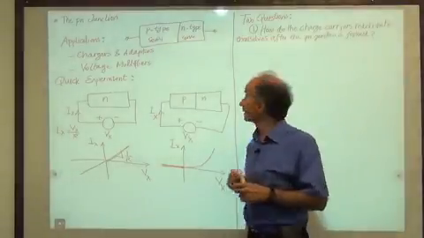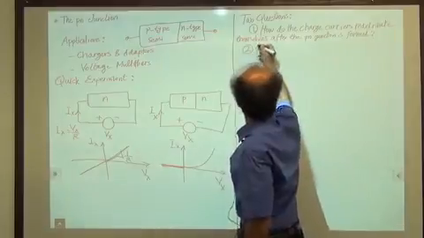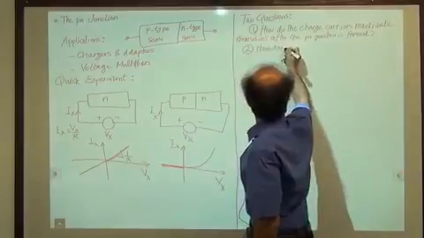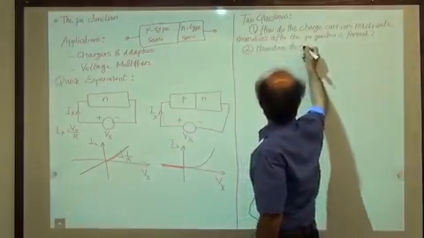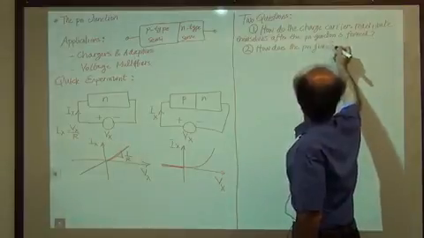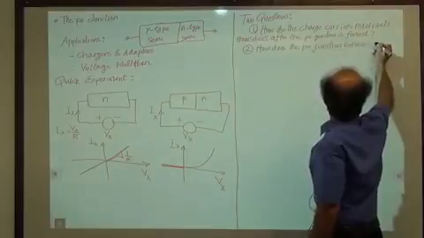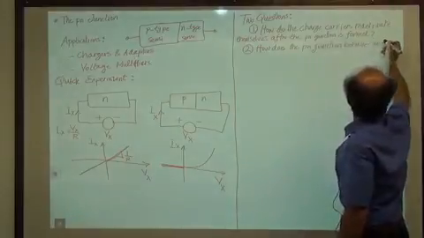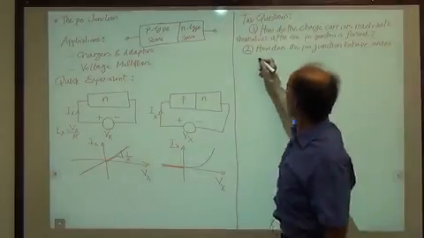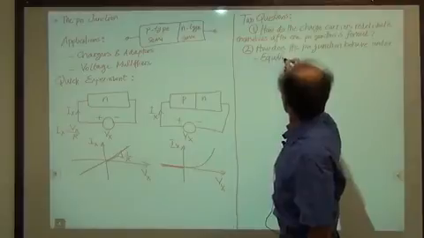The second question is, after we understand that, how does the p-n junction behave under three conditions? Condition number one is what we call equilibrium.